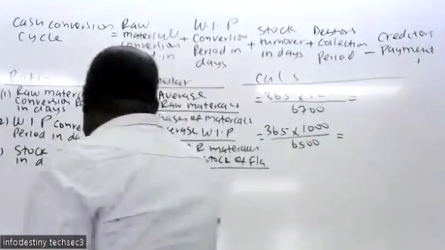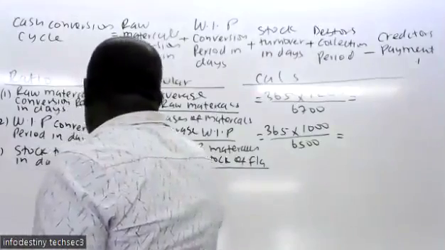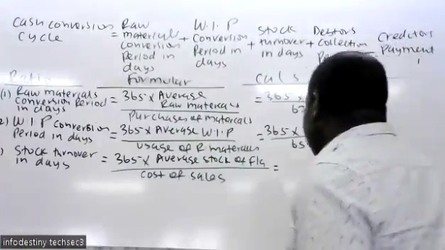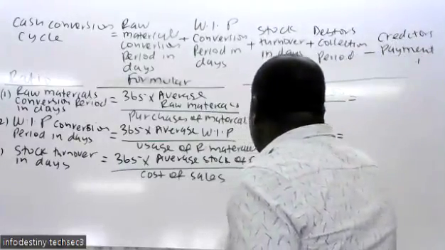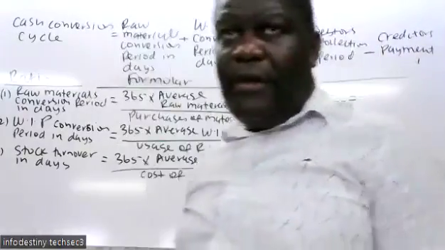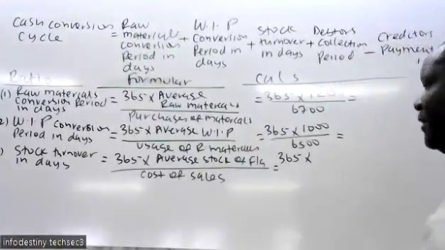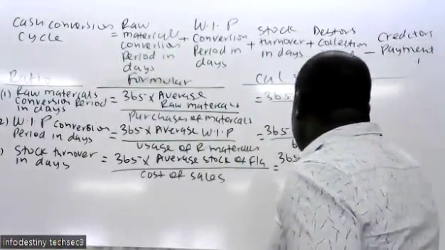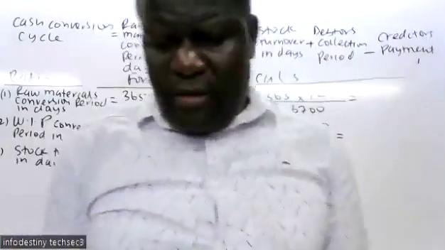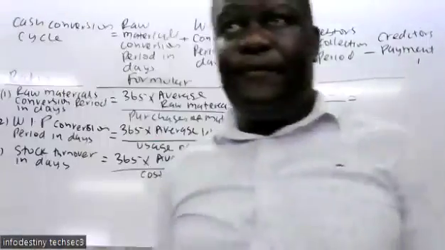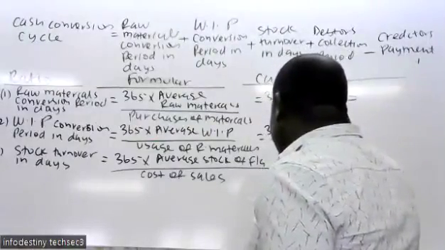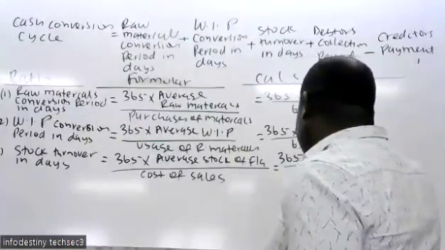Then we divide by the cost of sales. So it is 365, the average stock of the finished goods, I gave you 2,100. So 2,100, we divide by the cost of sales. Cost of sales, I gave you here, was it 18,000?